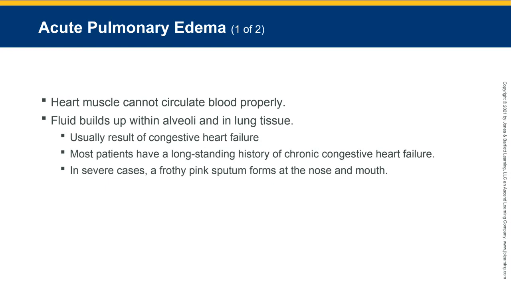That's another common cause, specifically left side dominant congestive heart failure, so the heart muscle cannot circulate blood properly. Fluid builds up within the alveoli and in the lung tissue. It is usually a result of congestive heart failure, but can be caused by chemical exposure as well.